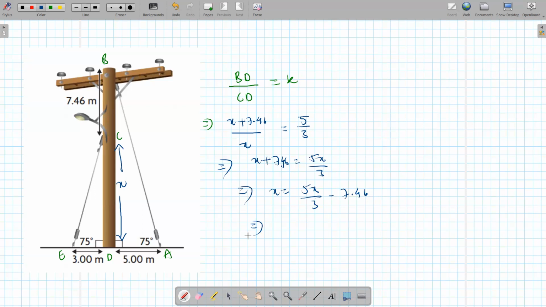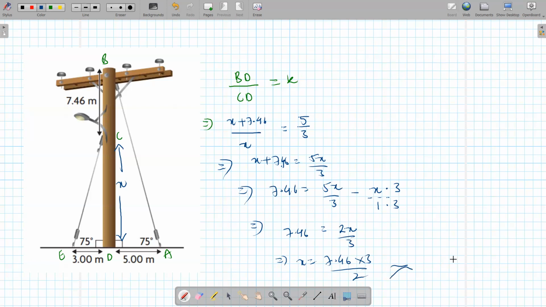If you have multiple numbers, bring them on the same side. If you have multiple x's, bring them on the same side. Instead of subtracting 7.46 here, leave the 7.46 where it is and subtract x. Common denominator between 3 and an invisible 1 is a 3. So you'd multiply this by 3 up top, 3 on the bottom. So you'd get 2x over 3 is 7.46. Therefore, x is 7.46 times 3 divided by 2, whatever that is. Cool.